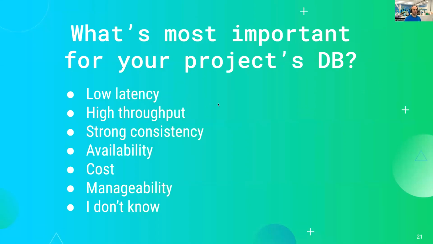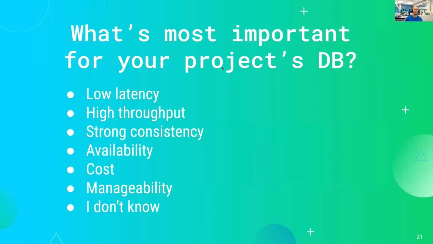Okay, maybe a quick poll question just to make sure people are with me. So what's the most important thing for your project's database? A few options here: low latency, high throughput, strong consistency, availability, cost, or manageability. If you could quickly answer that in the chat window, just to make sure I'm not talking to myself.